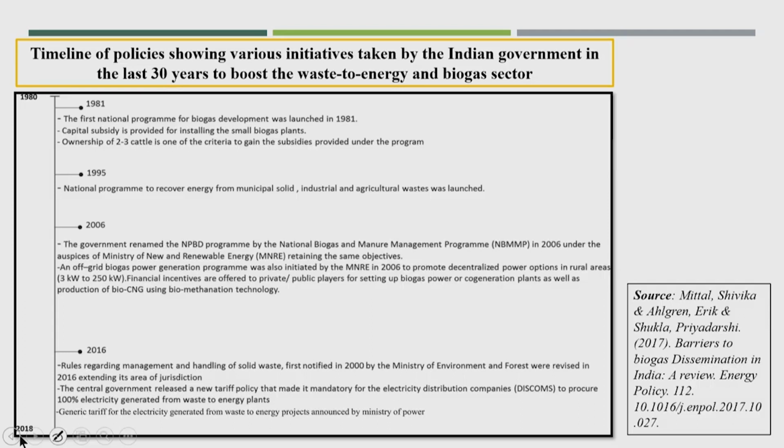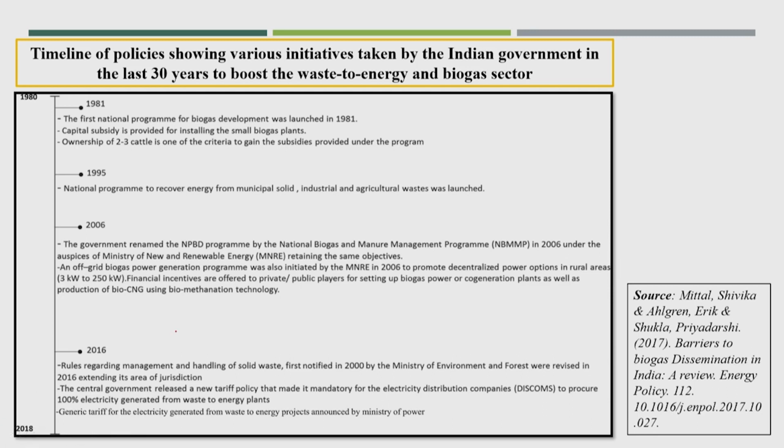In 2006, to promote decentralized power stations in rural areas, from 3 kilowatt to 250 kilowatt, financial incentives were offered to private and public players for setting up biogas power or co-generation plants, as well as production of bio-CNG using biomethanation technology. In that also, a number of off-grid biogas power generation plants have been installed. The size was small, less than 250 kilowatt of power production.